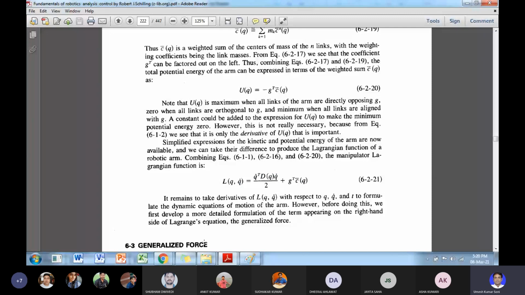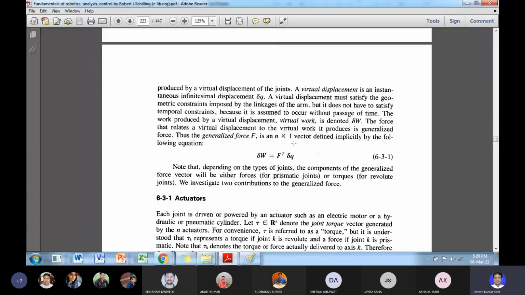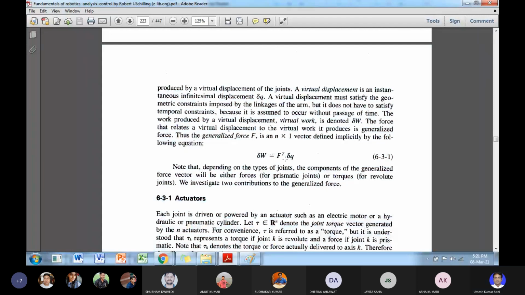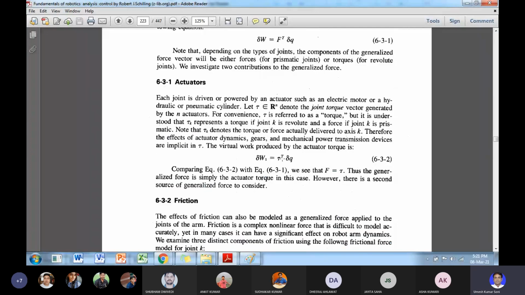Here are some virtual works done in moving small distances delta q. The virtual work done in moving the links is F transpose into delta q, where this is the infinitesimal displacement and this is the force. And for actuators, some torque is there.